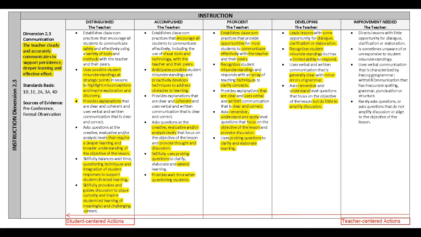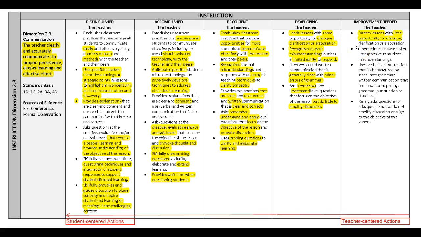And then moving further right again, the improvement needed teacher directs the lessons with little opportunity for dialogue, or clarification or elaboration.